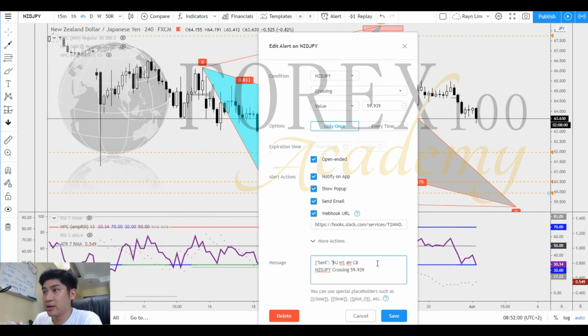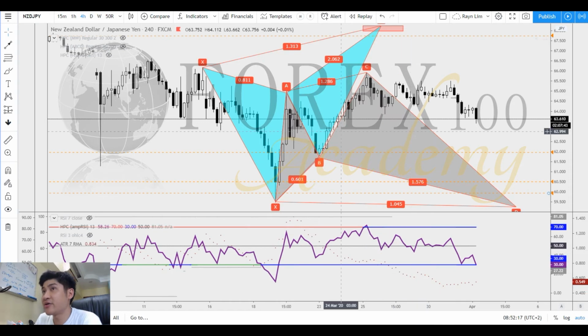Okay, this is a H1 shark pattern already. Got it. Alright, let's see how it goes.